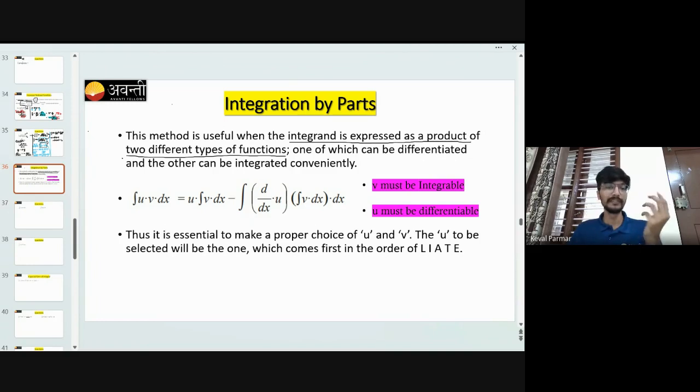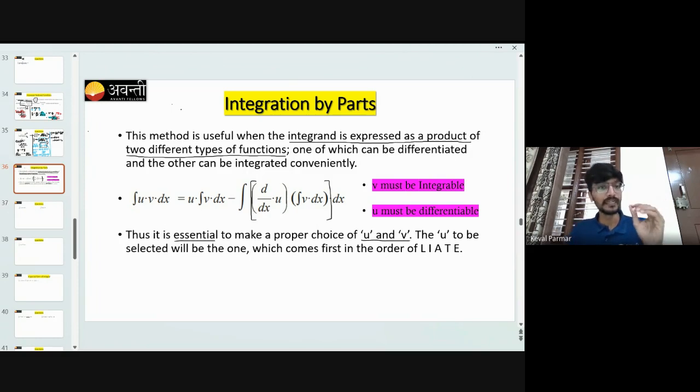So what is the formula? Integration of u into v dx is equal to, you must know all this, u integration of v minus integration of derivative of u into integration of v dx. Here it is essential to make proper choices of u and v.